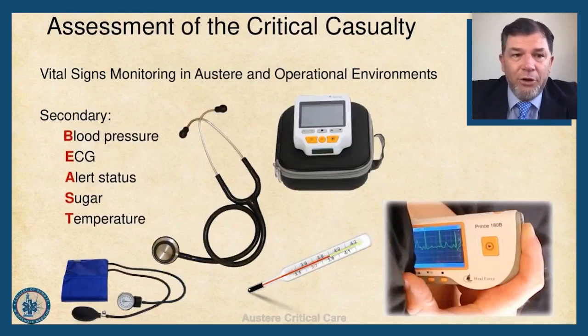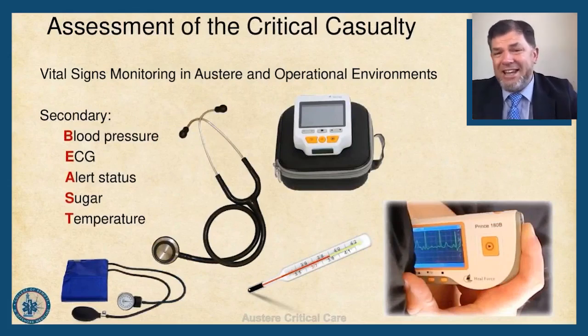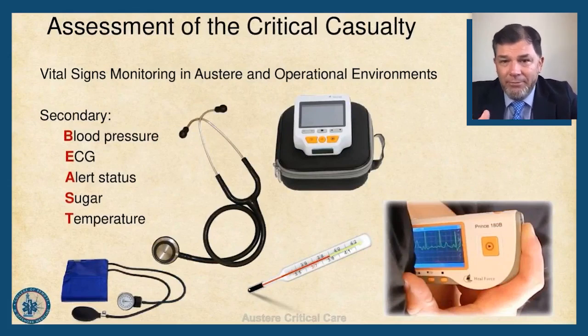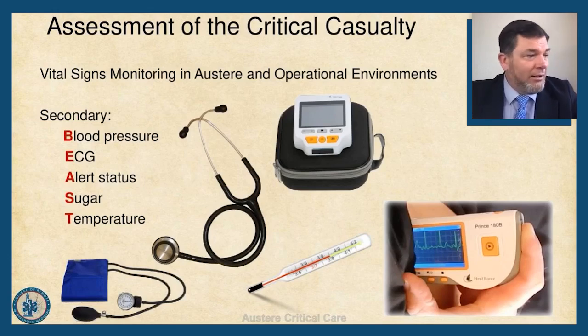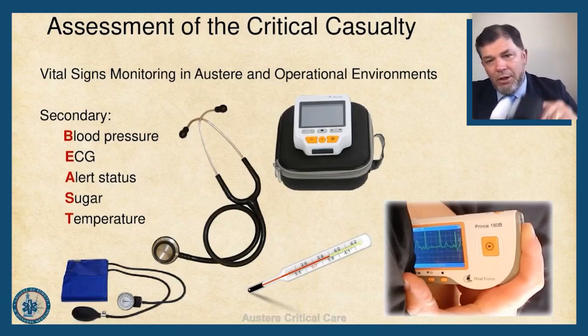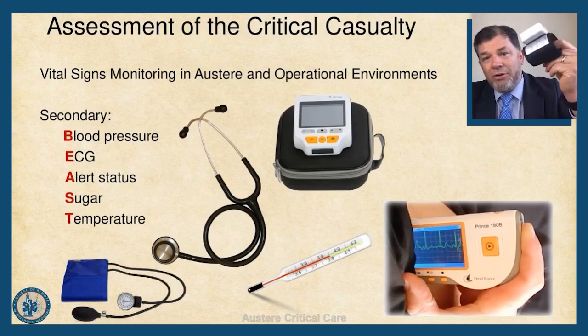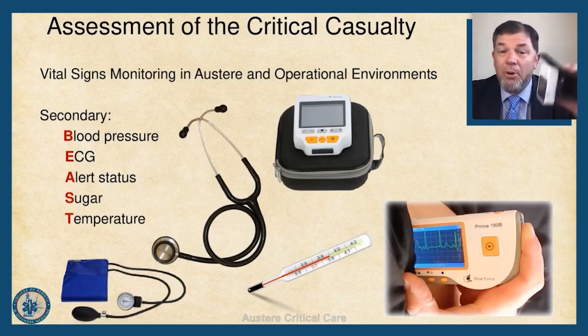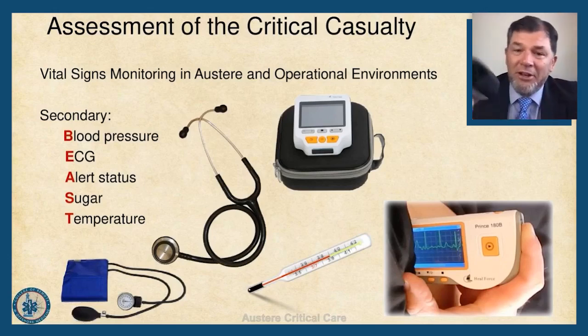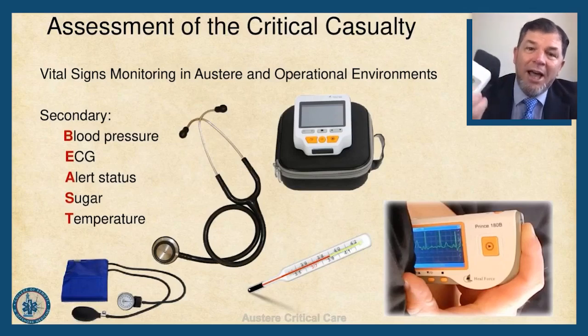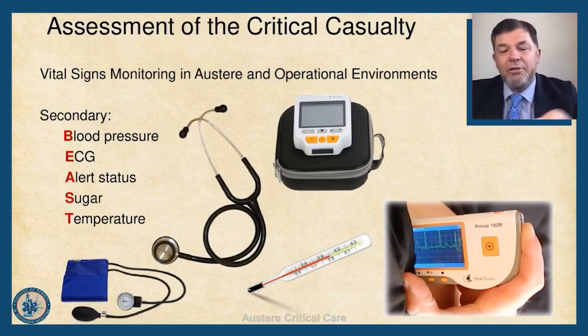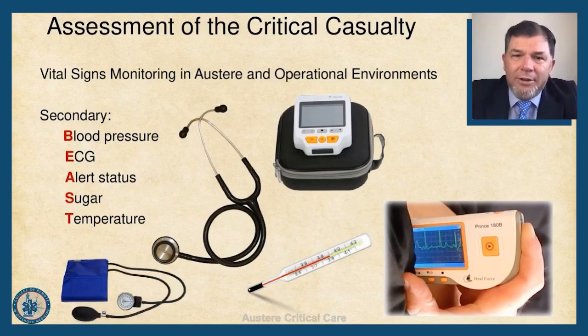This is what you need for your secondary. A lot of kit, isn't it? So for your BP, you need a stethoscope and you need a BP cuff. These things are pretty amazing. They just go on the wrist, but it's a ballpark figure. As a medical professional, we're not relying on this for anything other than just a quick assessment.